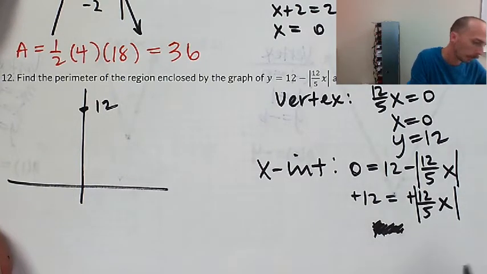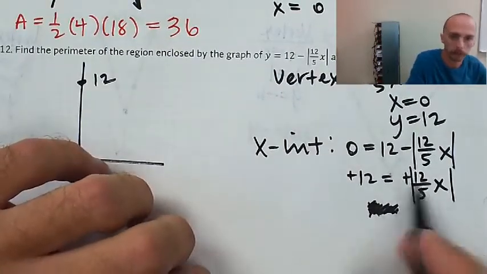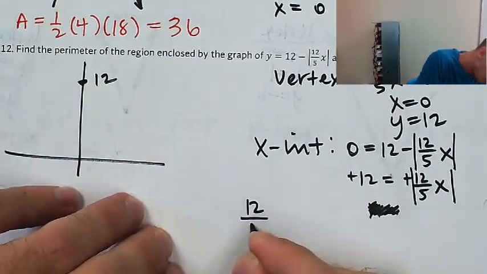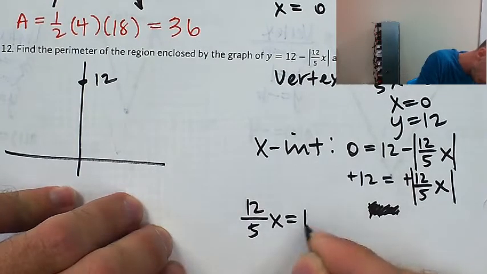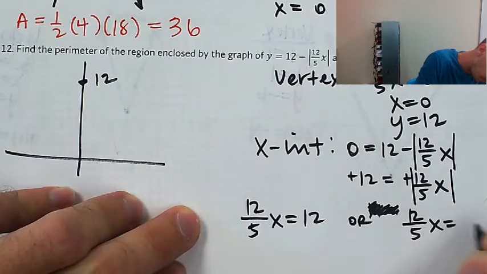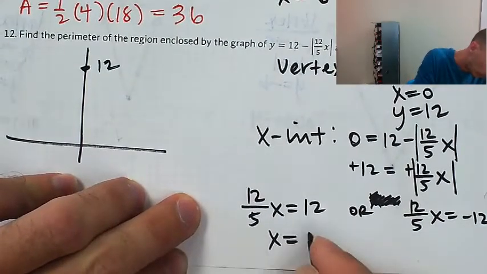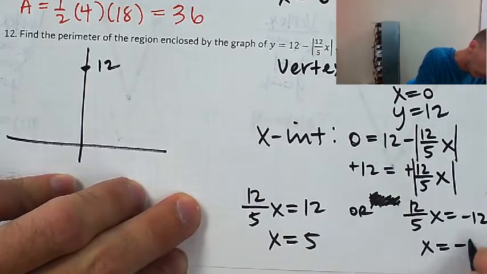But if we're solving this equation, the way that I showed you how a couple times ago, we're going to say if the absolute value of something is 12, then it is either equal to 12 or it's equal to -12. And then this would give me x equals 5 or x equals -5.